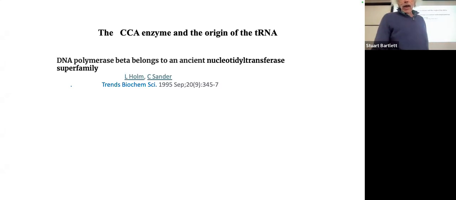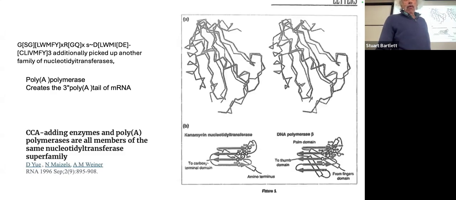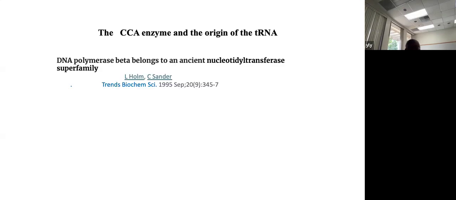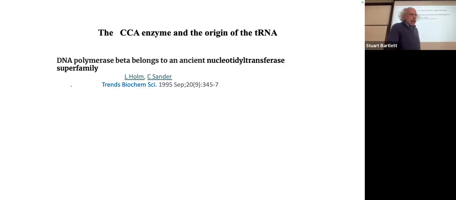This is the case where the protein codes for the polynucleotide. The story begins when DNA polymerase beta was found to belong to an ancient nucleotidyl transferase superfamily.